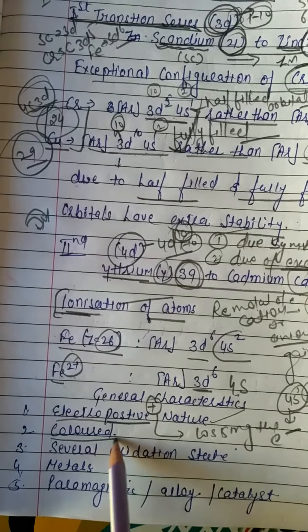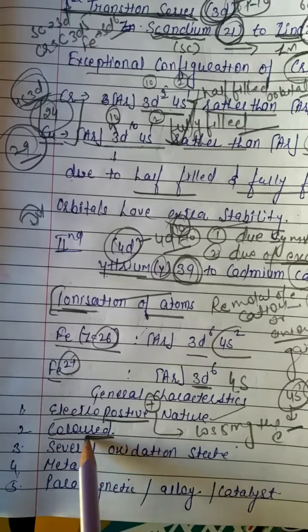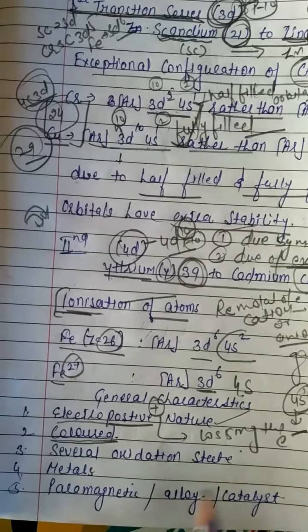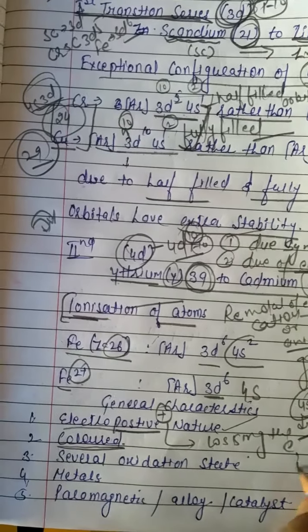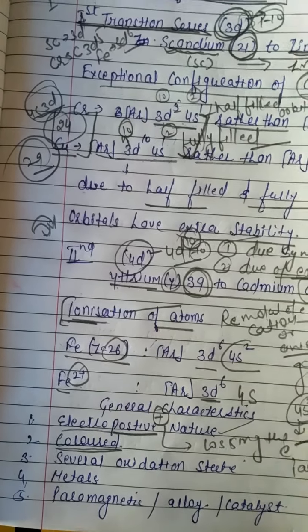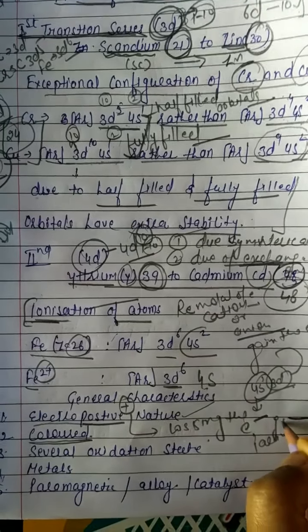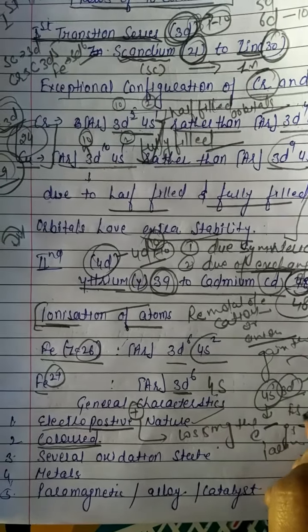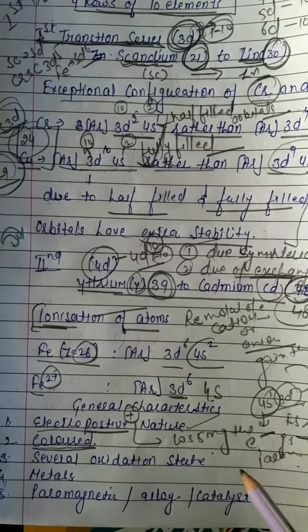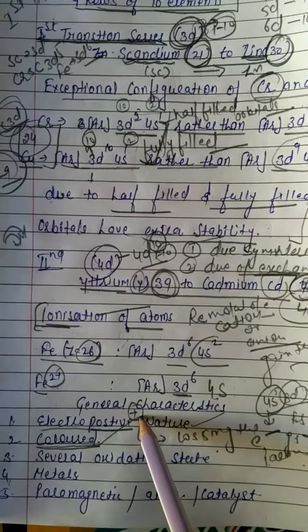They are colored. Mostly the transition elements show color because of their paramagnetic nature. In a paramagnetic character, electrons easily jump from the ground state to an excited state, so they show various colors.